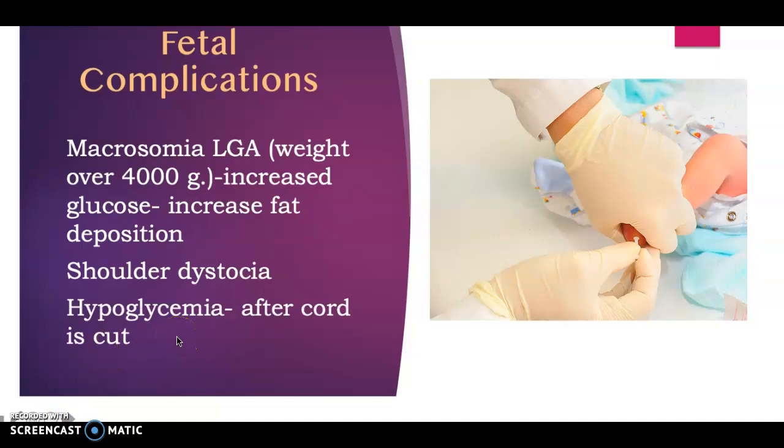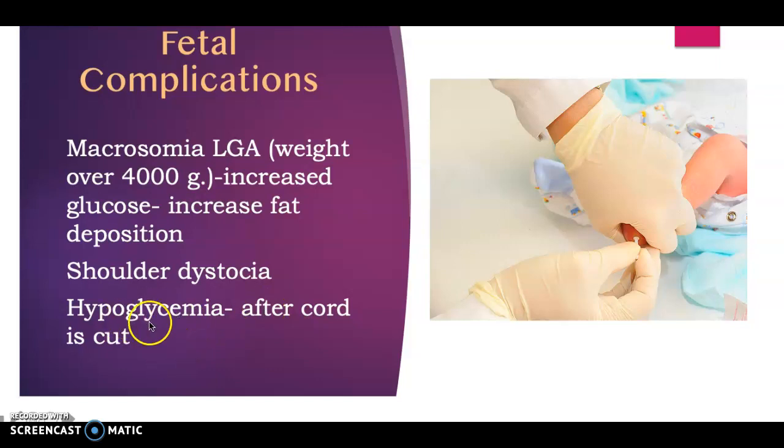And then hypoglycemia. So what happens is they have these high levels of sugars on board, and so their insulin levels are high in utero. And then when you cut that cord, you cut off their sugar, and so they still have these high levels of insulin, so they blow through their sugars pretty rapidly.